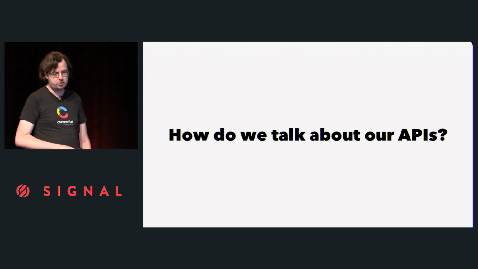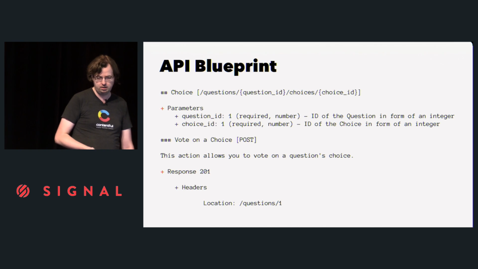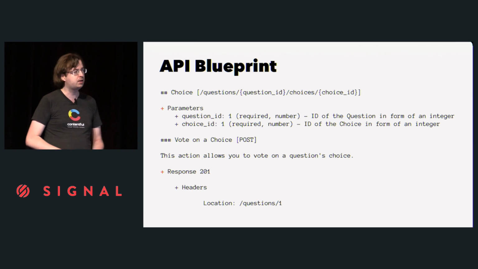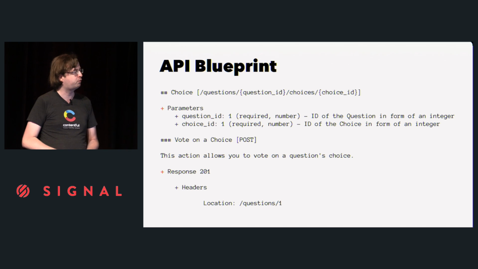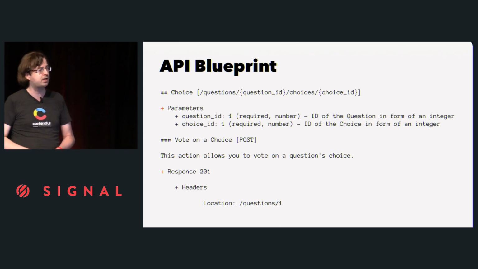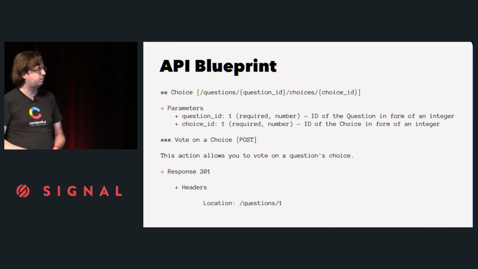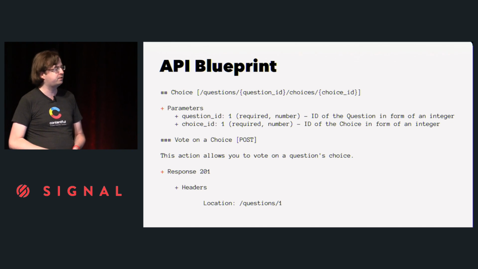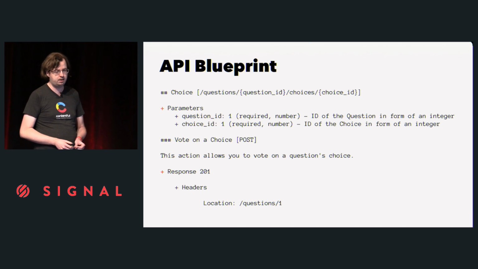This starts with the question, how do we actually talk about our APIs? When we start implementing an API client, how do we know what we actually have to implement? A nice thing we use at Contentful for documenting and describing our API is a format called API Blueprint. This is a markdown format for documenting and describing your API.